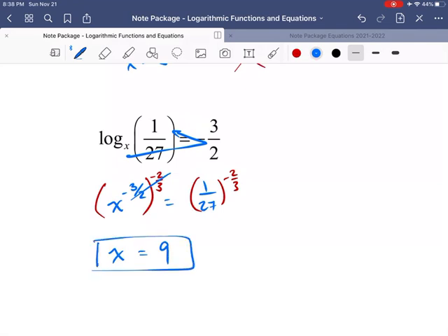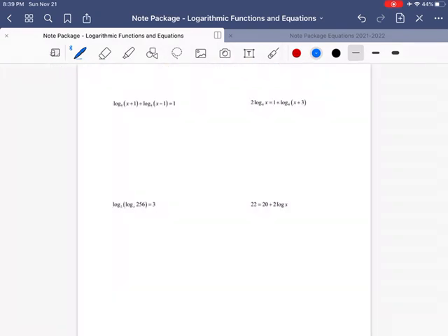On your calculator, you would do bracket 1 divided by 27, use that little exponent button, and then type in negative 2 divided by 3. All right, and it'll get you 9. Okay. Here come a couple more.